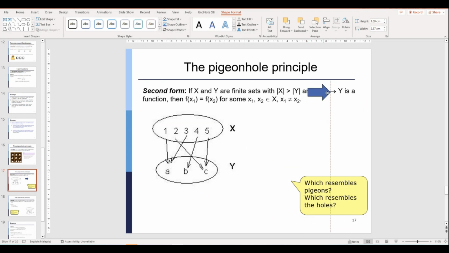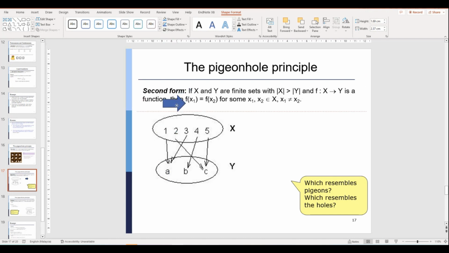So when the mapping occurs, if the domain is bigger than the codomain, there is a possibility that some of the elements in set X, x1, x2, x3, x4, x5, may be sharing the same mapping.